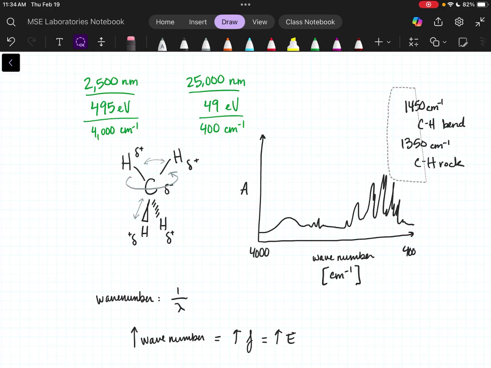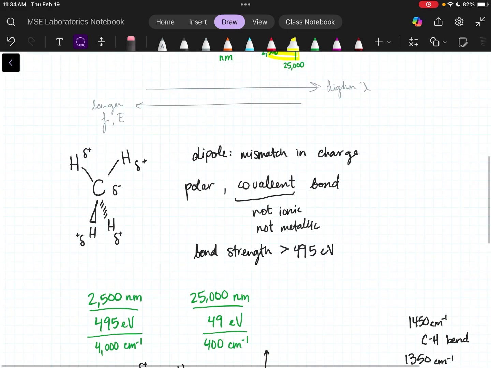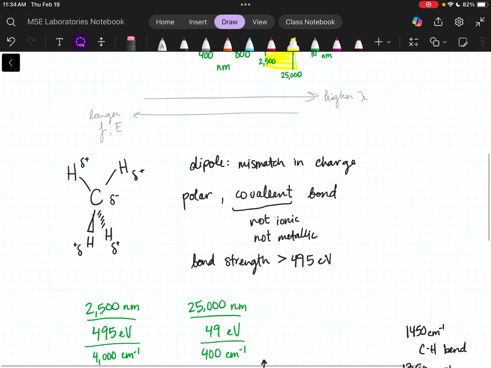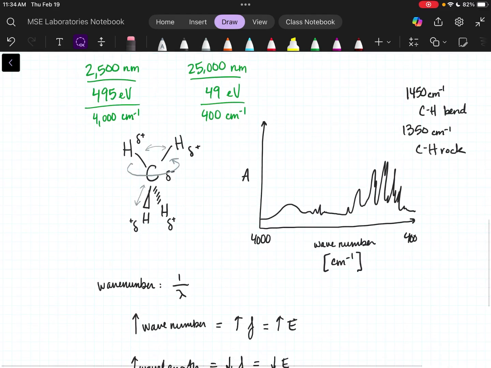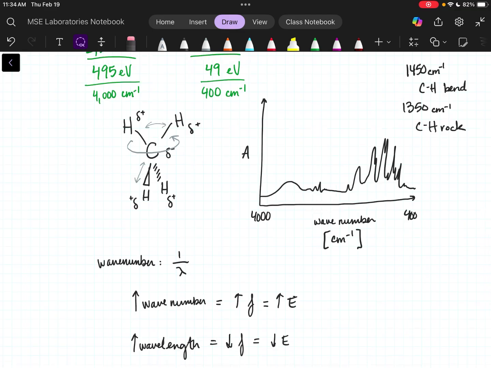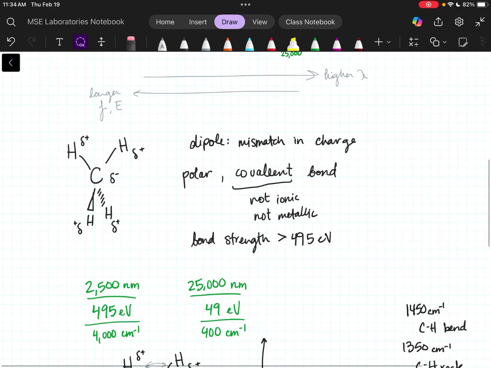What this is telling me is that I have some absorbance here, and a lot of absorbance in this region. Each of these peaks is going to tell me information about what bonds are present in my material, specifically what polar covalent bonds are present.